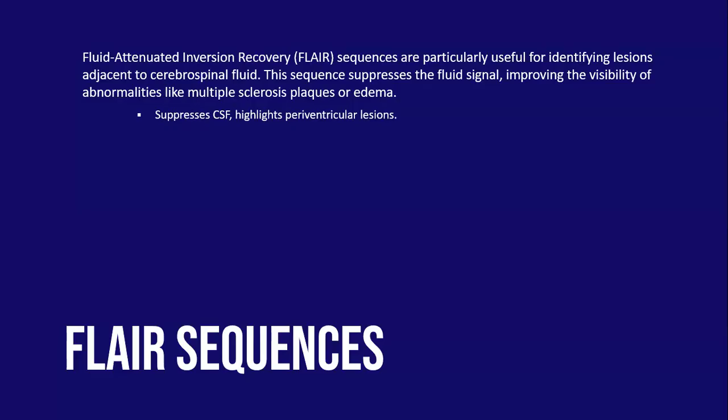But what you want to see is the particular fluid, for example, cystic fluid within that particular abnormal pathology, whether it is truly CSF or not. So based on the sequence that we have, you can suppress the CSF signal, and this particular FLAIR sequence would be able to pick up periventricular lesions.